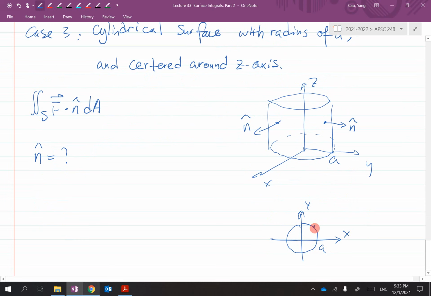If I pick a point on the edge of the circle, can you give a candidate for an n hat that's perpendicular to the curve on the edge of this circle? So what would be an n hat? You pick a point. Let's say this point has coordinates x, y.